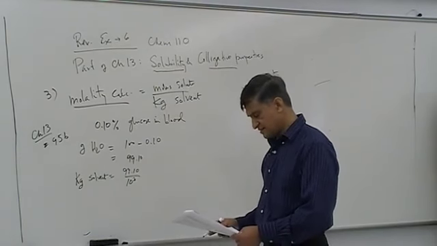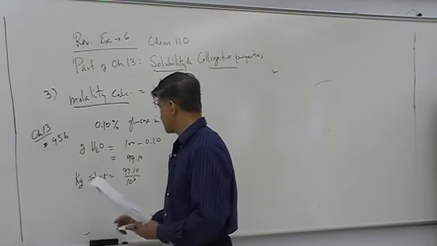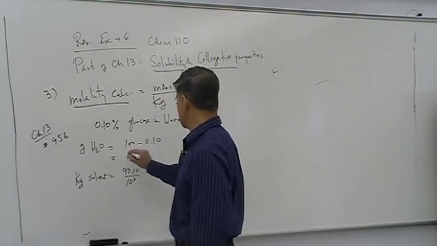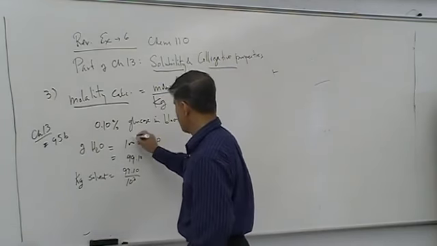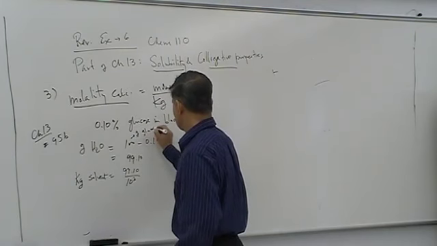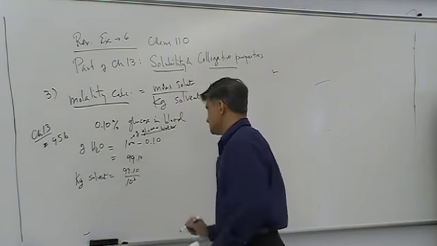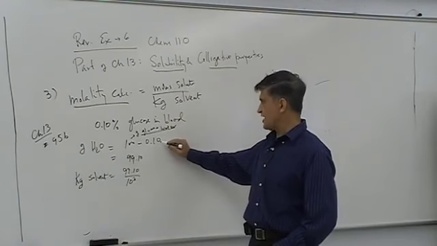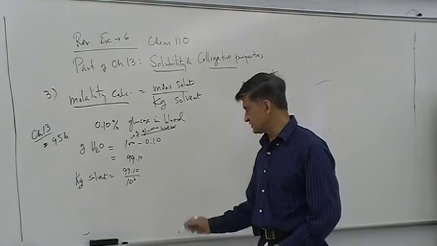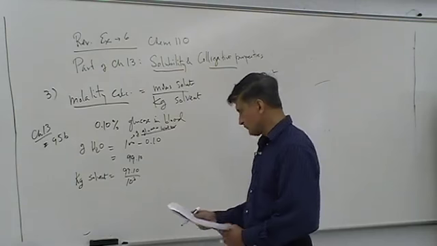So right now we got kilogram of solvent. But keep in mind why we subtracted 0.10, because this percent is out of 100 gram glucose plus water. That makes 100. So that's why we had to subtract the mass of the glucose to get the mass of water, which is the solvent. Then from there we got the kilogram of solvent.